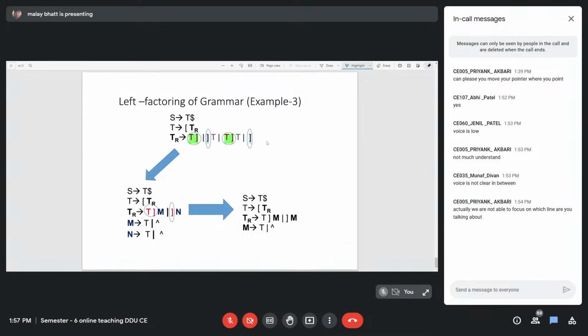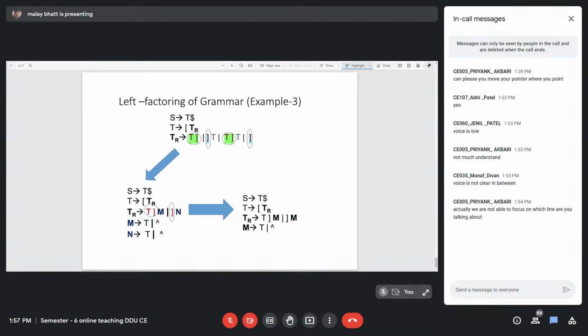So as you can see here, we have two common alternatives, T closing bracket and T closing bracket T. And another common alternative is closing bracket T in the second rule and closing bracket in the fourth rule. So again, we have to apply the left factoring.